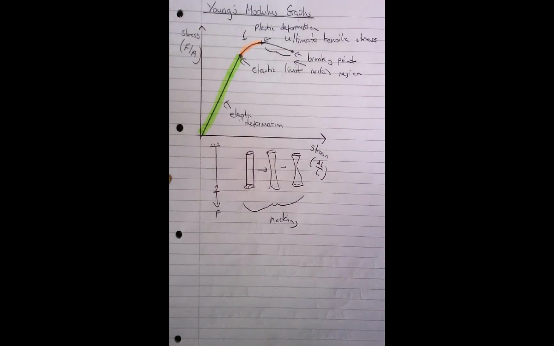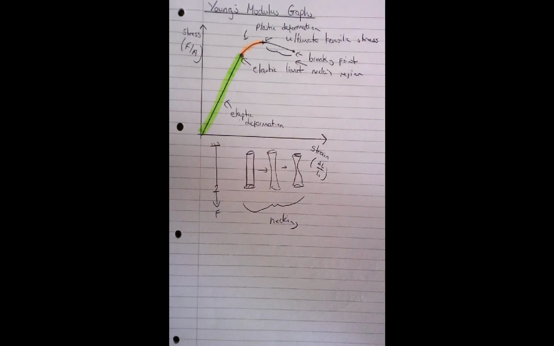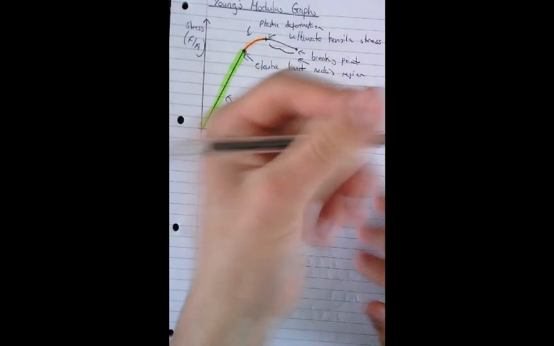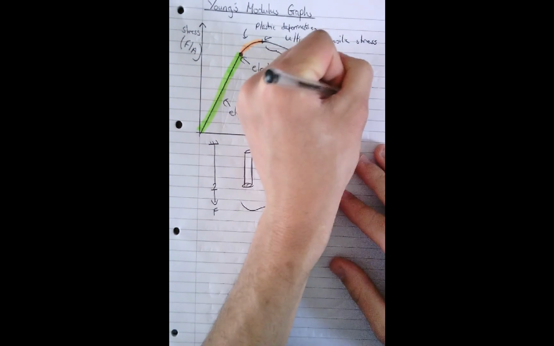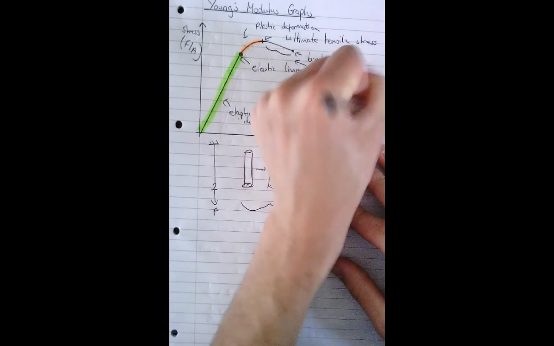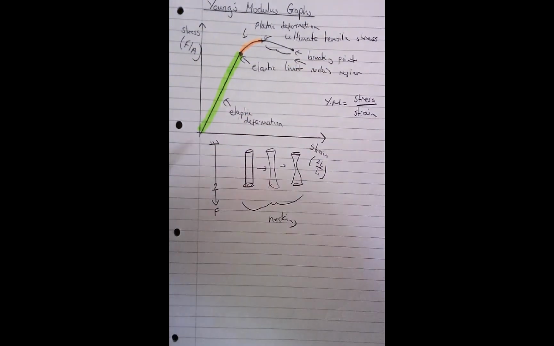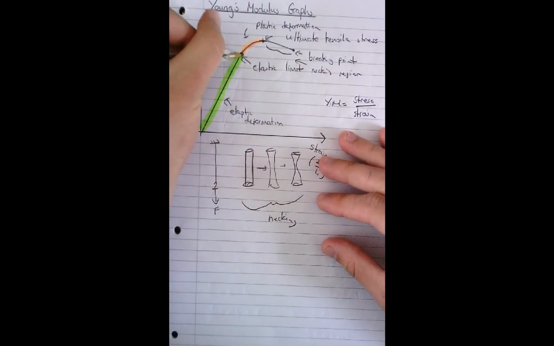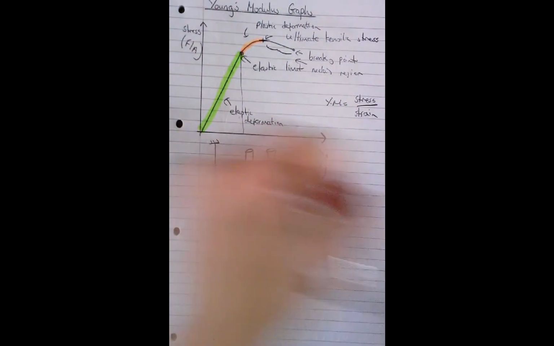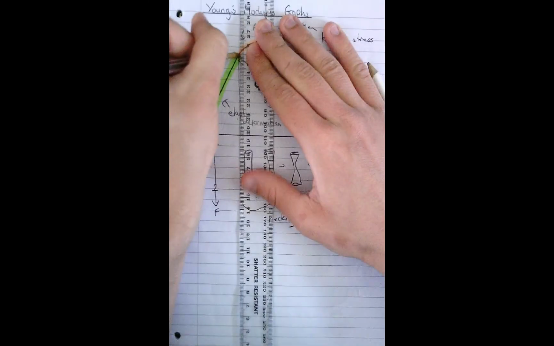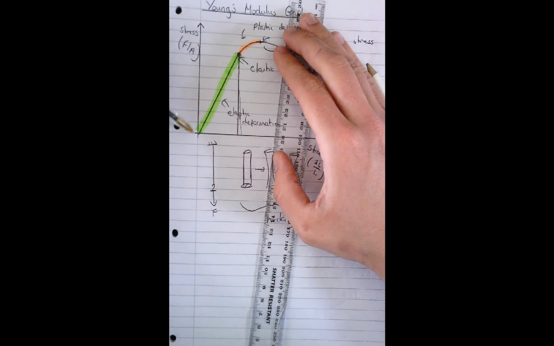Few important things to point out here. If we want to find the Young's modulus of a material, remember the formula I gave you for Young's modulus last lesson. Young's modulus is equal to stress divided by strain. So if I were to work out the gradient of this graph, now what's important here is, for the Young's modulus, we're only interested in the gradient during the point where this graph is proportional.